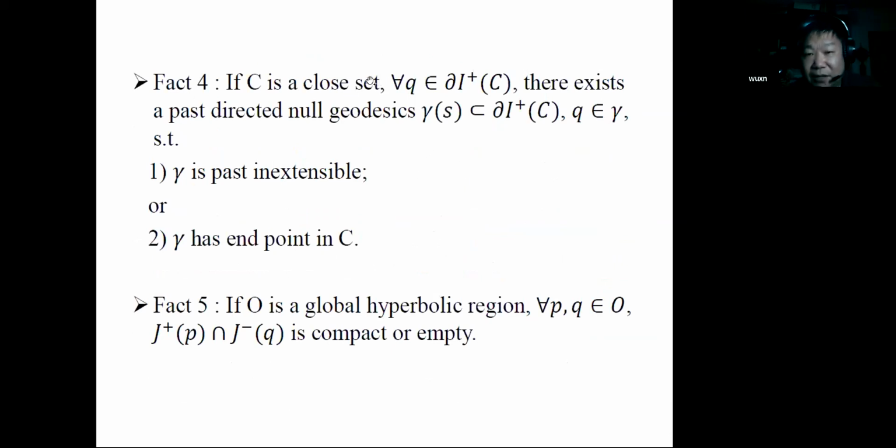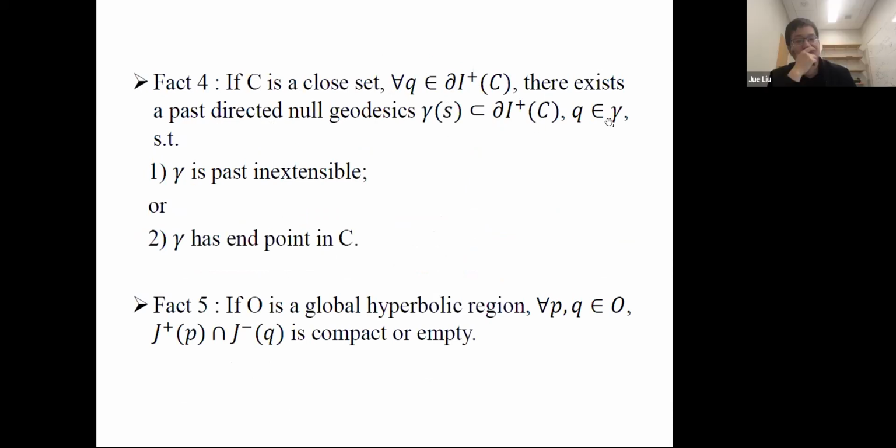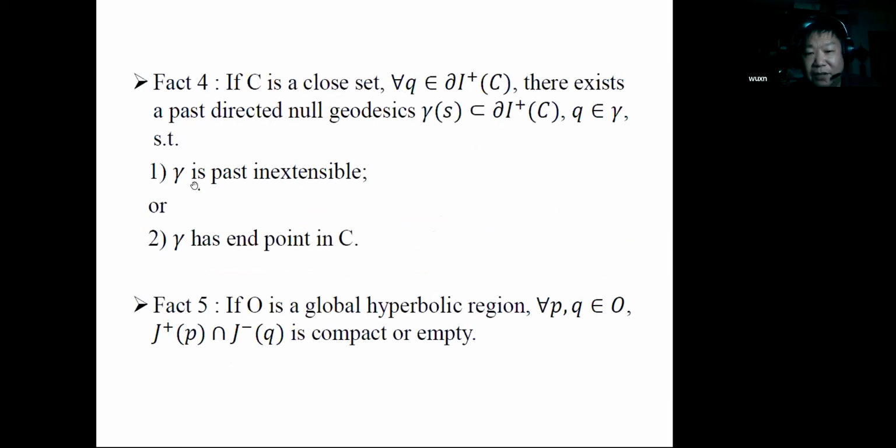It means that P is just the closed set C. Then, because Q hat is just the position of Q, and Q hat belongs to the boundary of the I plus of P, you have a past-directed null geodesic on the boundary from P to Q. Why the first case is not possible is only because, in the neighborhood, we have required the completeness of the null geodesics.